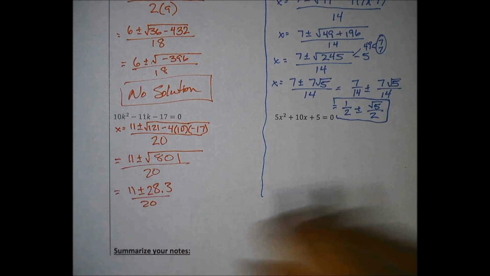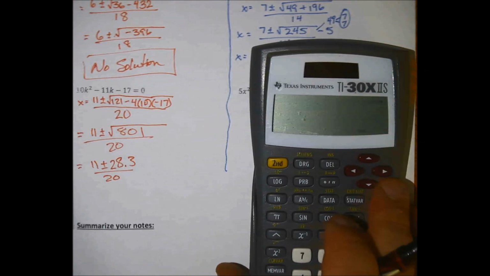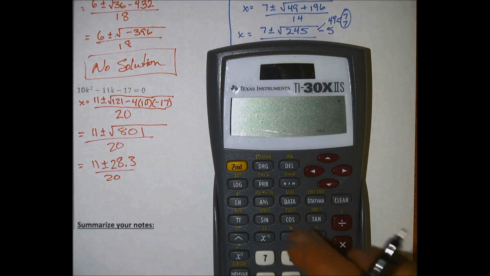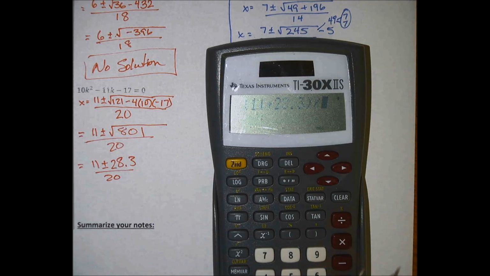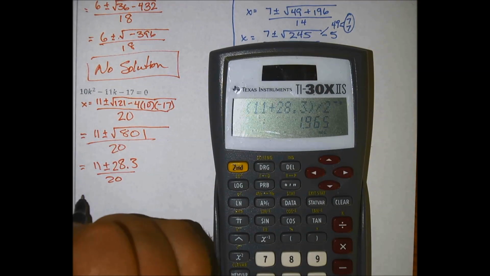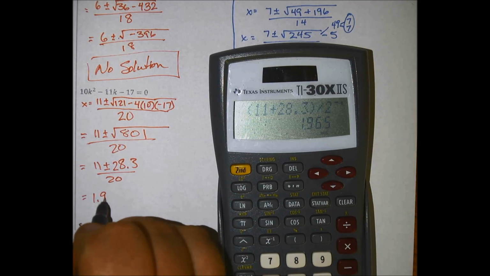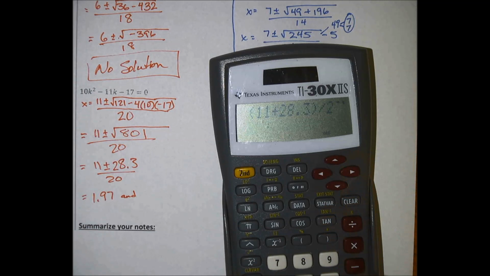All over 20. And I'm going to go ahead and use my calculator again to figure it out. If you don't remember how to do this, this can be a nice little refresher. Plus 28.3 divided by 20 gives me 1.965. We'll say 1.97. And change that to a minus.